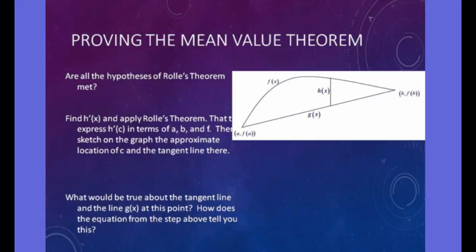Is g a smooth continuous function from a to b? Is g going to be differentiable everywhere? Okay, so then let's go back to those old properties that say if one function is continuous and differentiable and another function is continuous and differentiable, then I can add, subtract, and multiply them together, and they're still going to be continuous and differentiable.